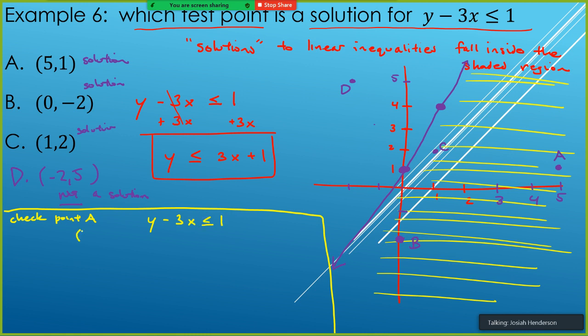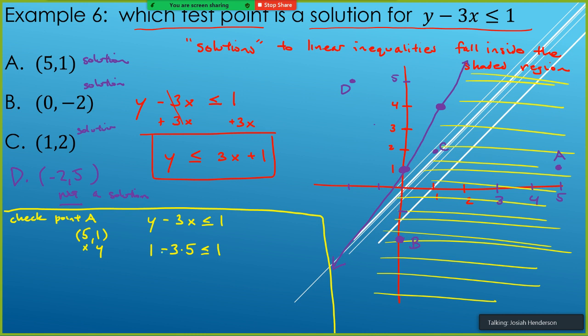Point A is 5, 1. Remember, 5 is x, 1 is y. There's a space for those in the inequality, right? So those numbers can be substituted in. So let's do that now. So y turns into a 1 minus 3 times x. X turns into a 5. And it says that that should all be less than or equal to 1.